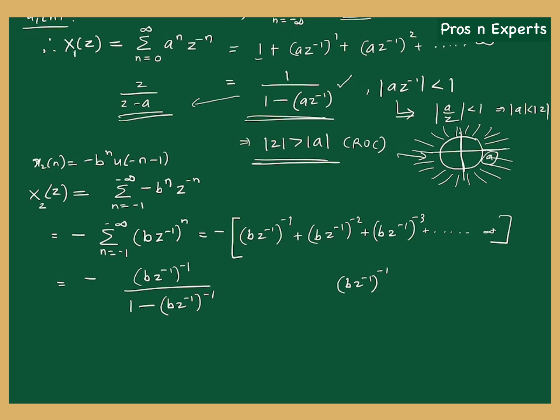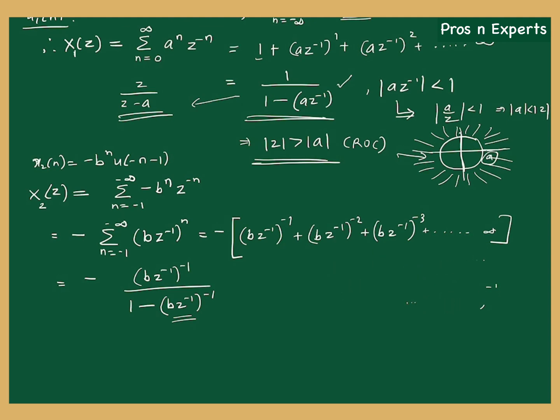And what is the second term? The second term is b z inverse the whole raised to minus 2. If you divide the second term by the first term, you get b z inverse the whole raised to minus 2 minus 1, that is b z inverse to the power minus 1, and that is mod r. So that is what I have written here as mod r.